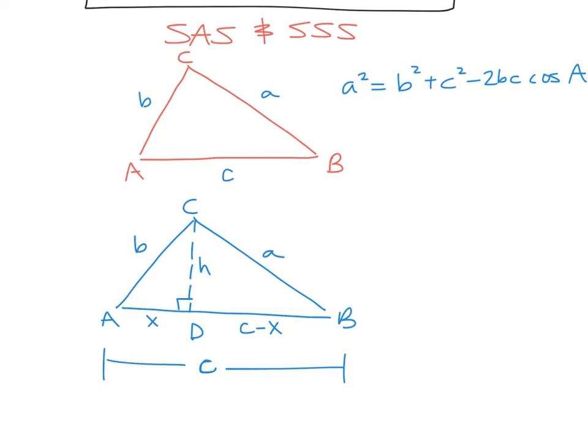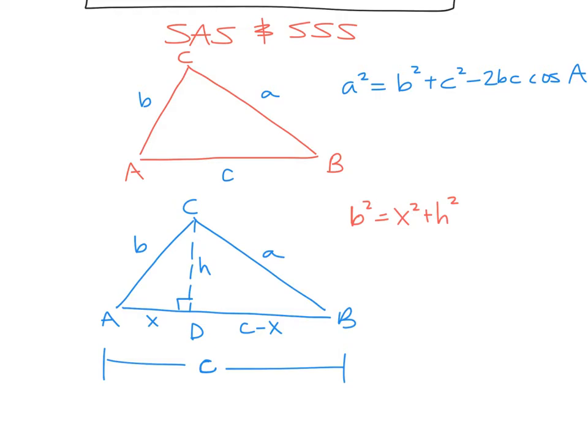I know right now a few things. I know if I do the Pythagorean theorem that b squared is equal to x squared plus h squared. Do you see that? x squared plus h squared equals b squared. Okay, agree? You know that to be true.